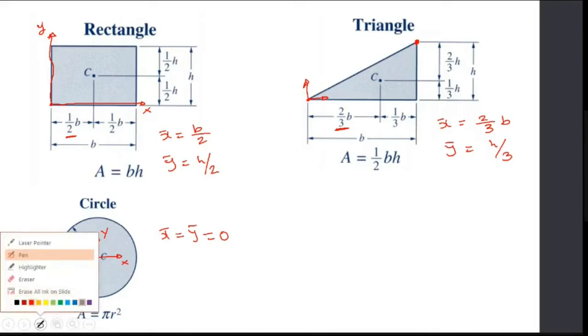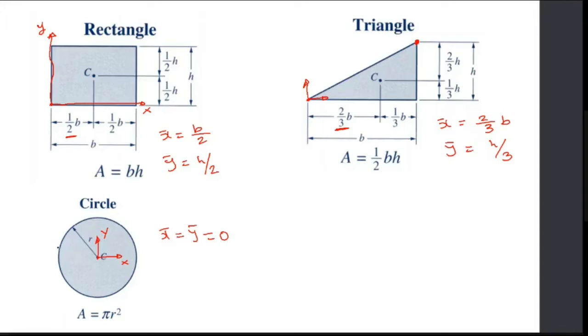If I consider this as my x-axis and this as my y-axis, and let me consider this is my diameter d, then my x bar will be d by 2, and my y bar is also d by 2. Hope you can understand, right? It depends on the location of my axis.